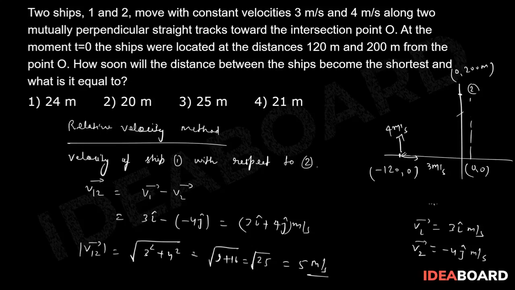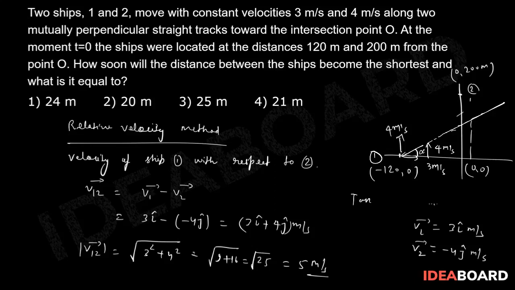Let me remove this part and draw this correctly. Suppose this is the situation. This is the line of action of the velocity of ship number 1. Of course, we can calculate this angle. Vectors are free to move, so the 4 meter per second vector can be moved out. So we can find this angle alpha.